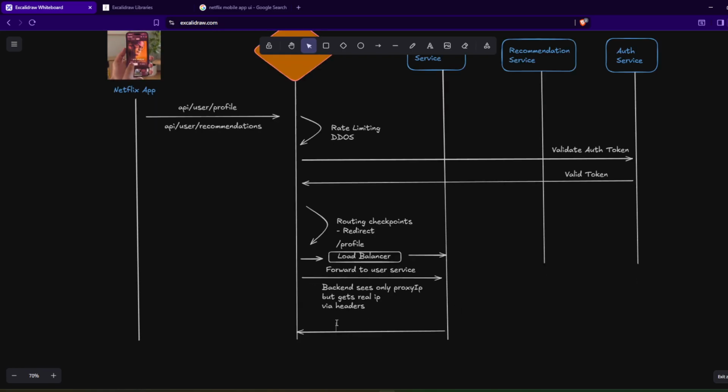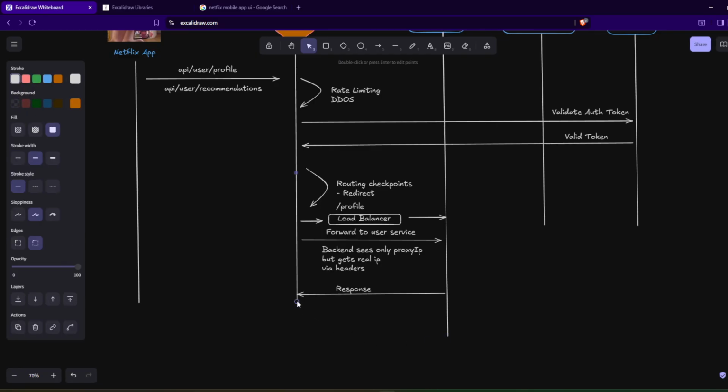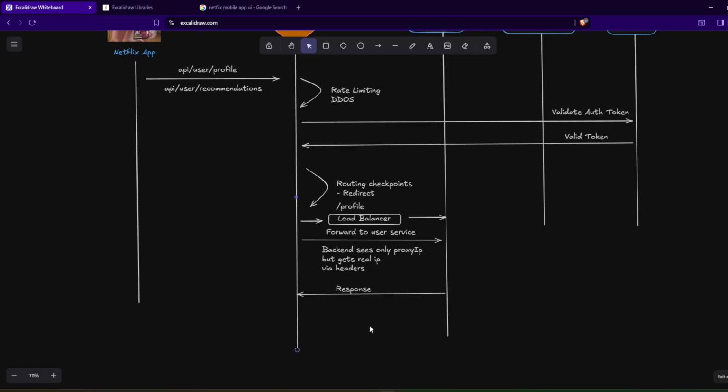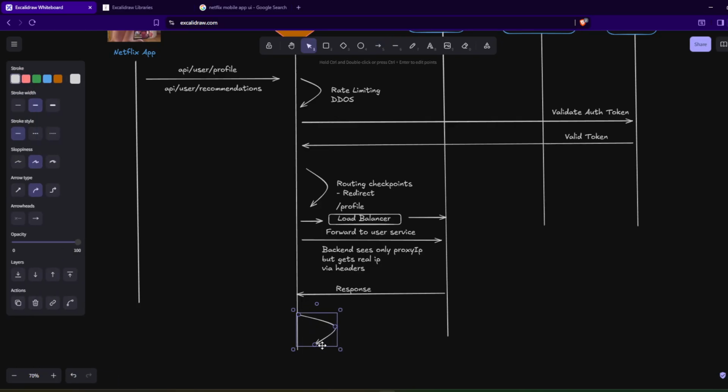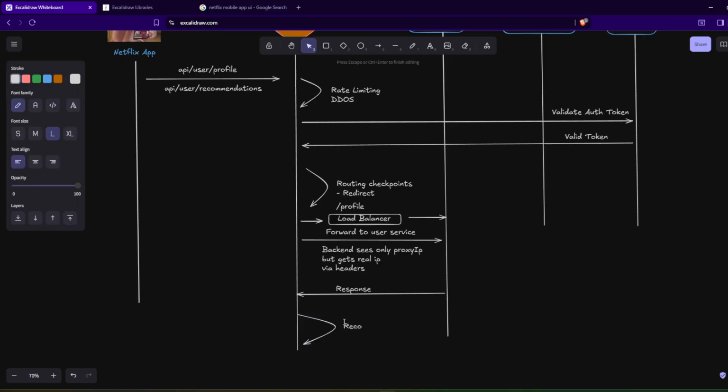Now that we are getting our response here, other than the response, suppose that because it is an application launch, another request is generated for recommendations.